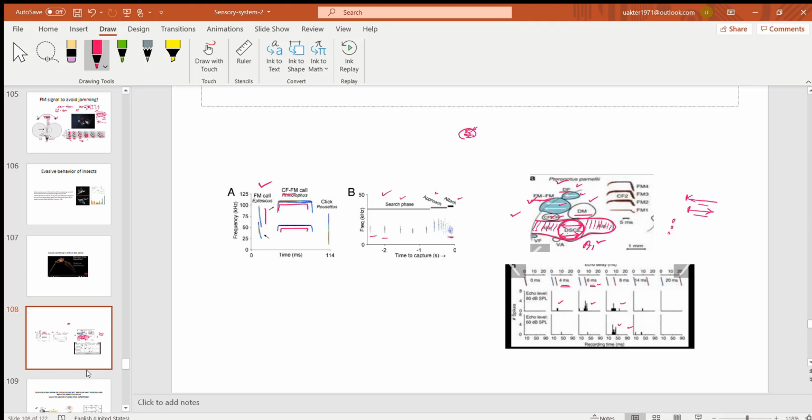So you have all those neurons that can detect different times of the echo. That's why you have neurons that prefer different times.